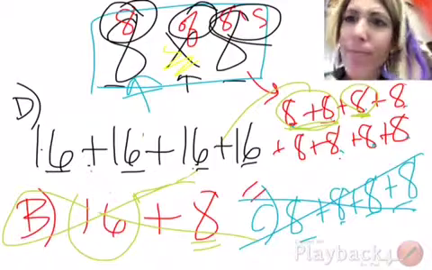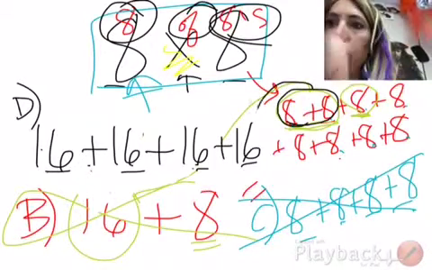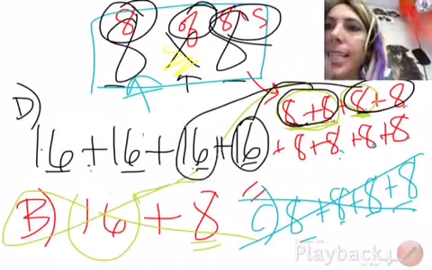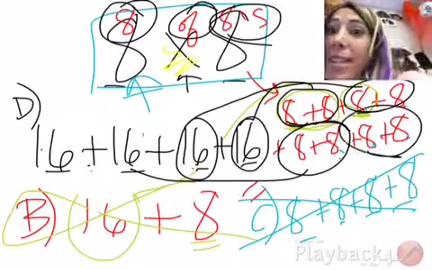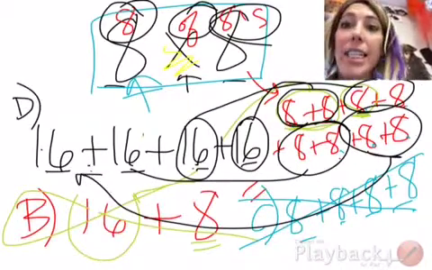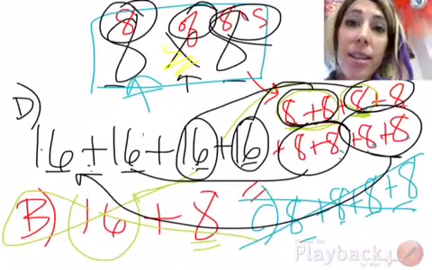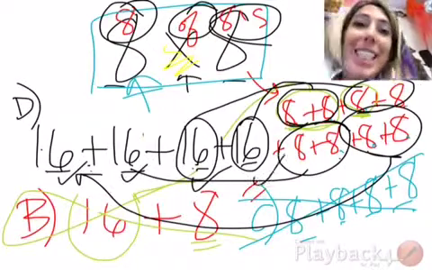Those are the same? Well, remember that 2 8s is worth 16. And another 2 8s, guess what, is 16. And another 2 8s is 16. And another 2 8s gives us 16. So yes, 8 of the 8s is the same thing as 4 16s.